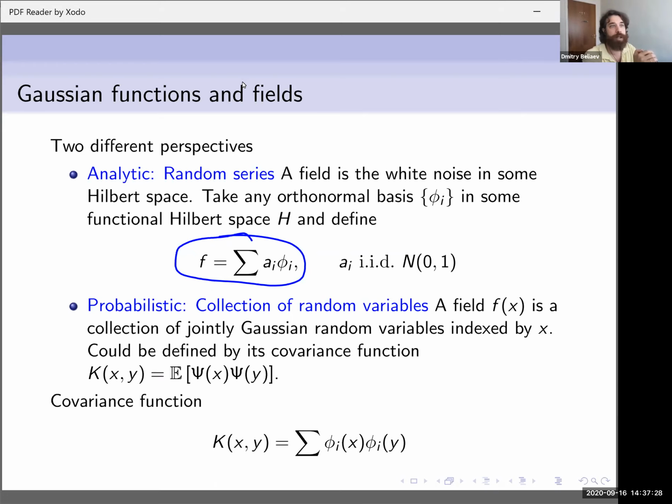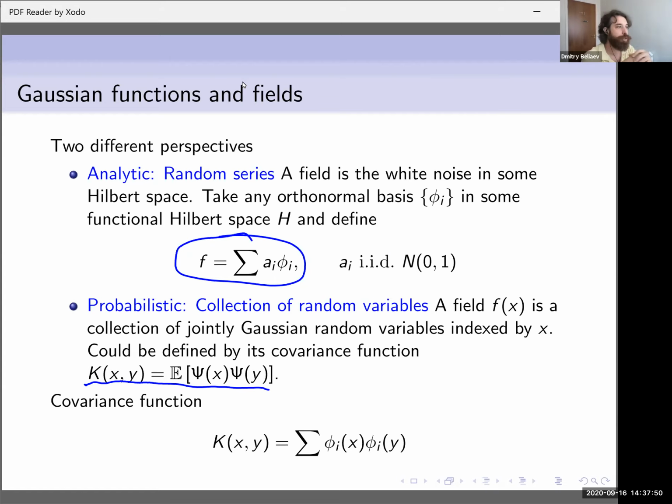A collection of Gaussian variables like this is completely determined by its covariance function, k of x and y, which is just the covariance of f of x and f of y.